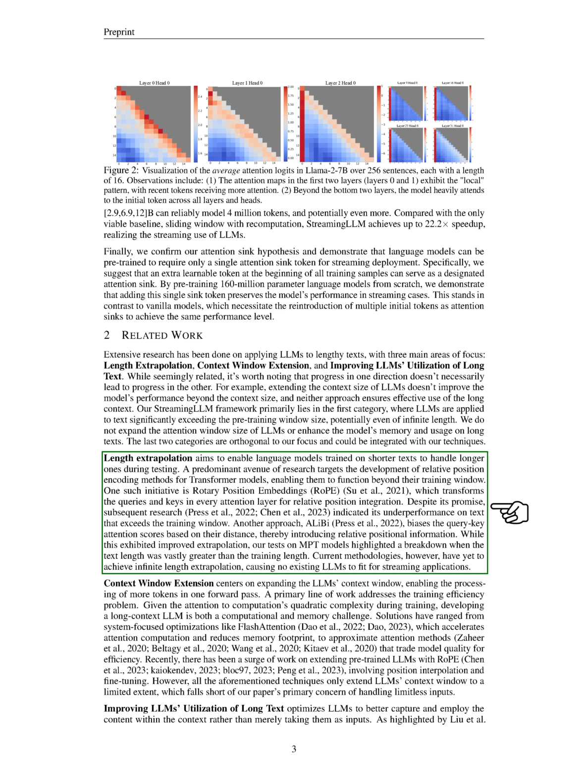Despite its promise, subsequent research indicated its underperformance on text that exceeds the training window. Another approach, ALiBi, biases the query-key attention scores based on their distance, thereby introducing relative positional information. While this exhibited improved extrapolation, our tests on MPT models highlighted a breakdown when the text length was vastly greater than the training length.